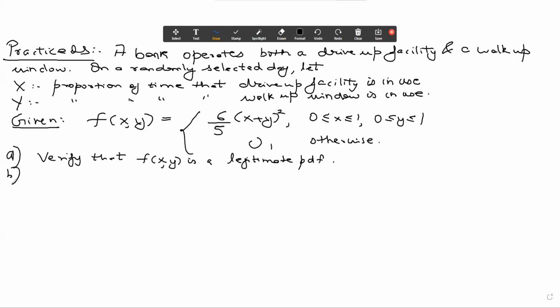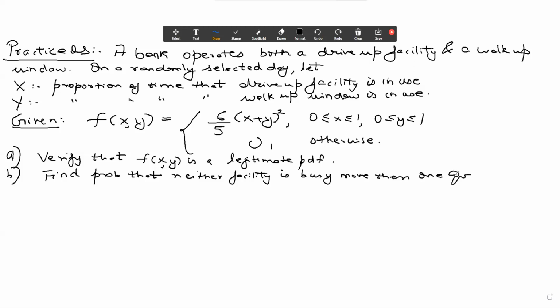And second thing, find the probability that neither facility is busy more than 1/4 of the time.